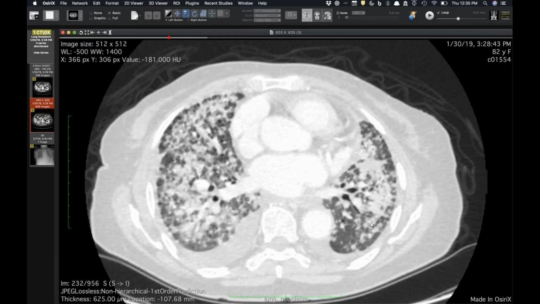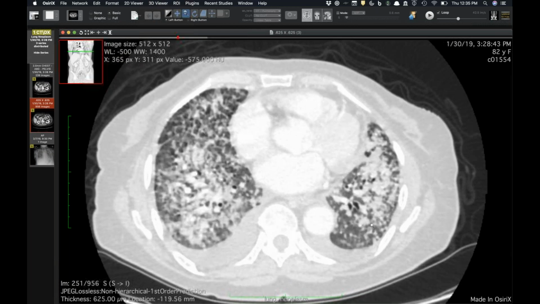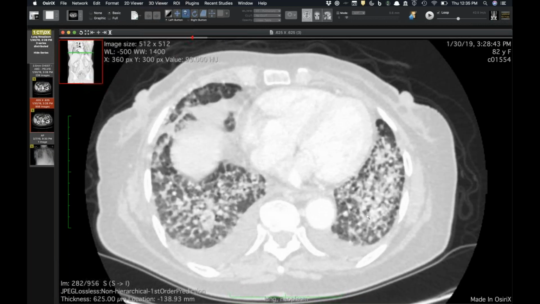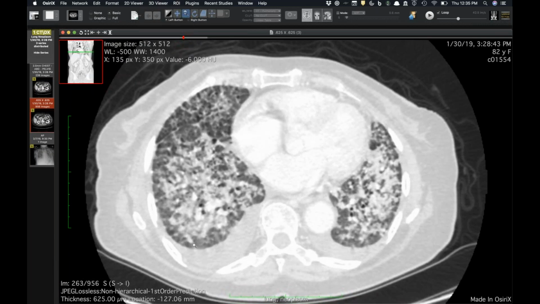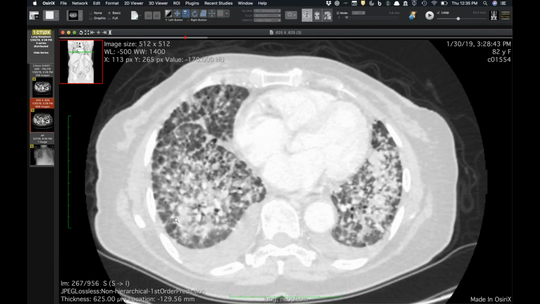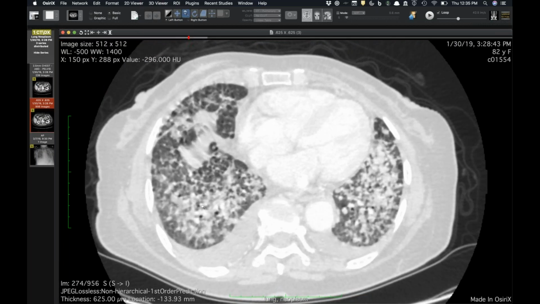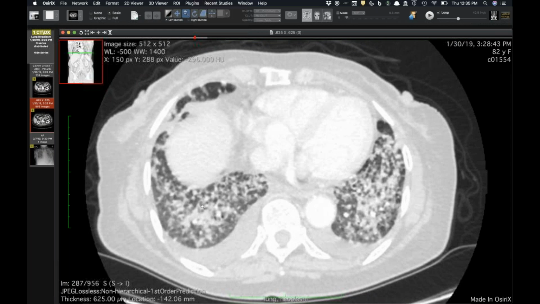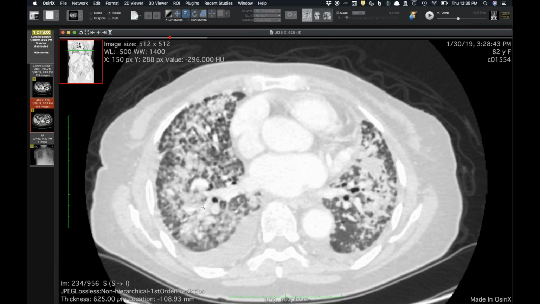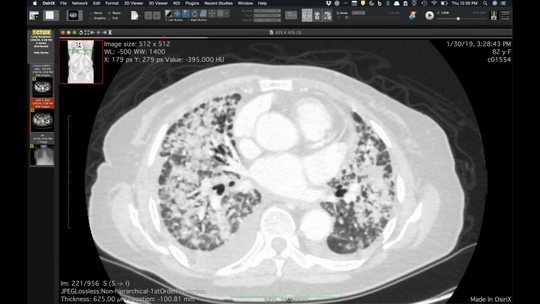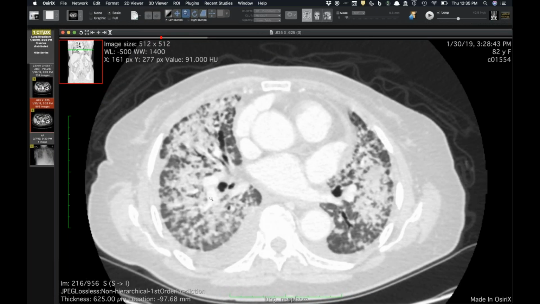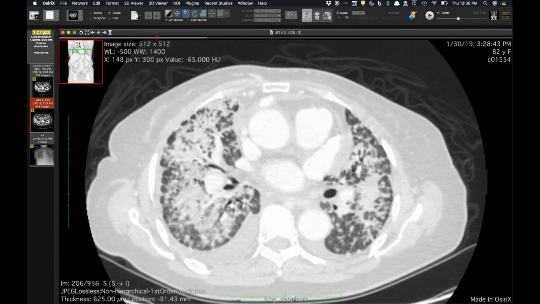They're more clustered and coalescent in some of these areas. But anyway, we did a CT guided biopsy of this about a couple days after her presentation, and it was just all adenocarcinoma. So this is another case of just diffuse adenocarcinoma presenting in somebody with gradual worsening of symptoms. But really, if this was infection this severe, you would think they'd probably be sick. So that was, to me, the biggest clue.